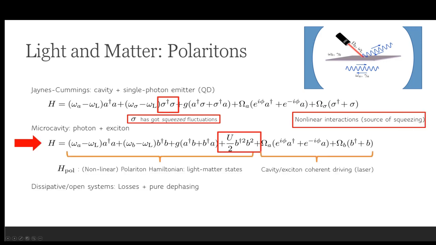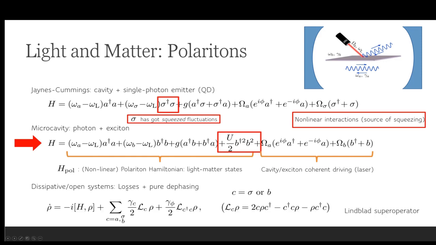Of course, we are dealing with open quantum systems, so we have to take into account the incoherent processes such as the losses from the cavity and the exciton. And in some cases, we need to add some pure dephasing that can be caused, for example, by a phonon bath around the single photon emitter.